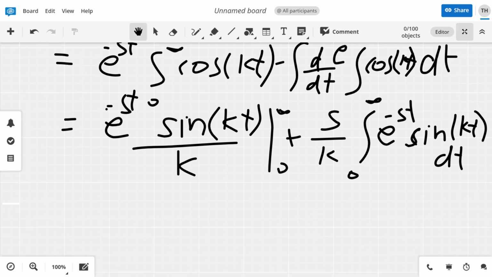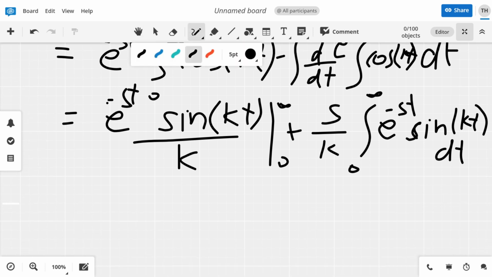So in the next step I will not solve the whole integration. You can see that when our limit is infinity, what happens? This function will give us exponential minus infinity, and this function will become 0.